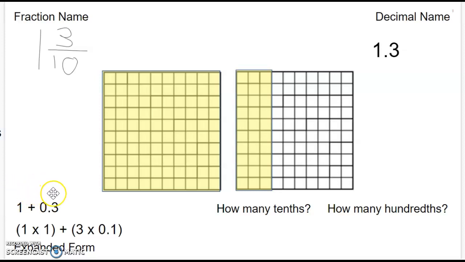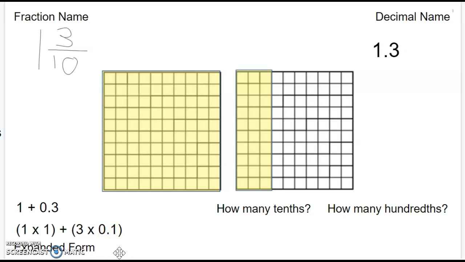So 1 plus 3/10, or if you want to do the fully expanded form, I've got 1 times 1. Do you see the 1 times 1? This yellow box is the whole, 1 times 1. And I've got 3 columns of 1/10. Over here, I've got 1 column, 1 column, and 1 column. So I've got 3 times 1/10. Those are the 2 different expanded forms that you can write.